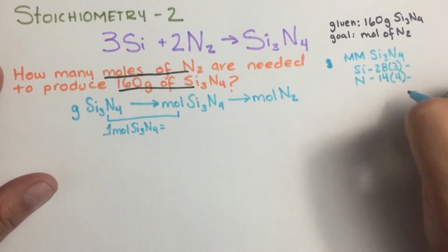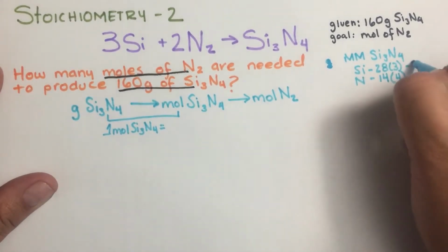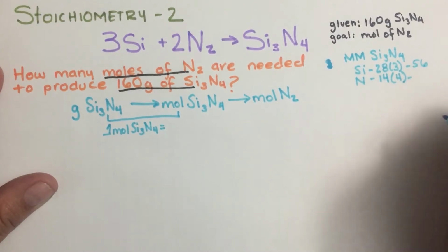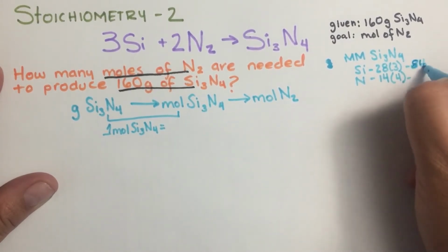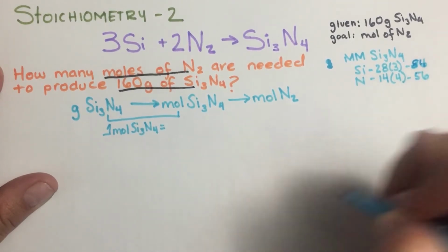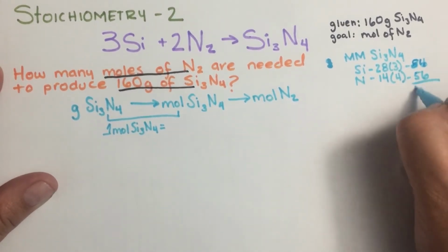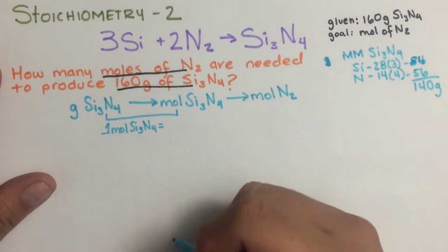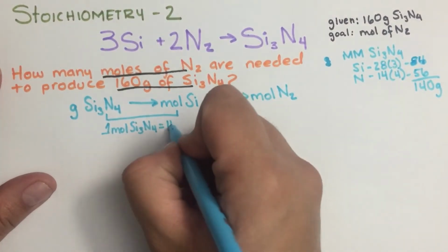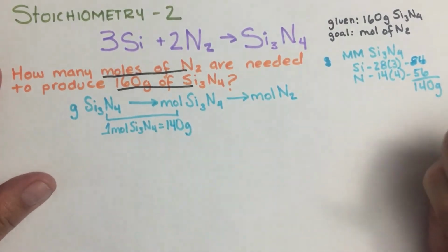So this is going to give you 56. And 84 and 56, the total is going to be 140 grams. All right, so the total mass here is 140 grams.